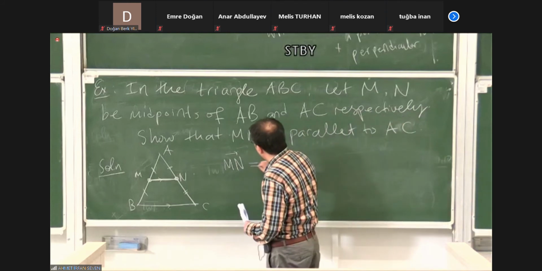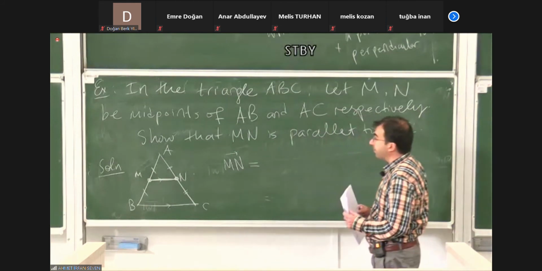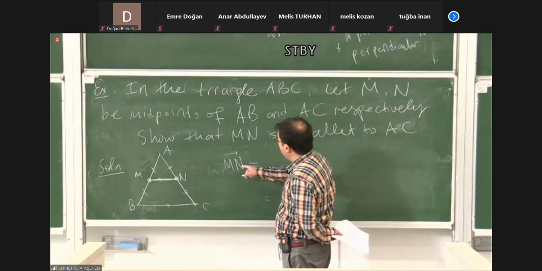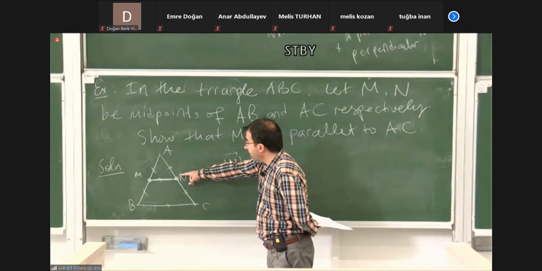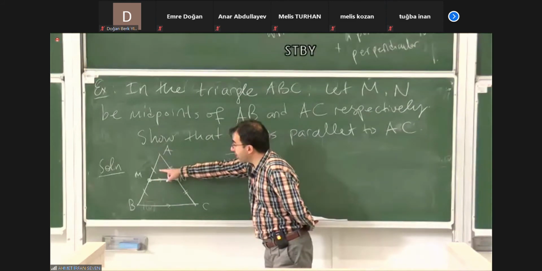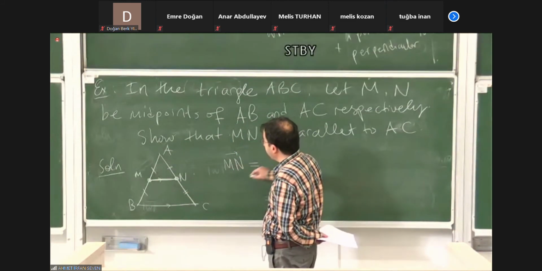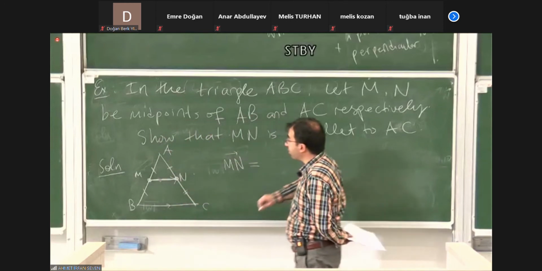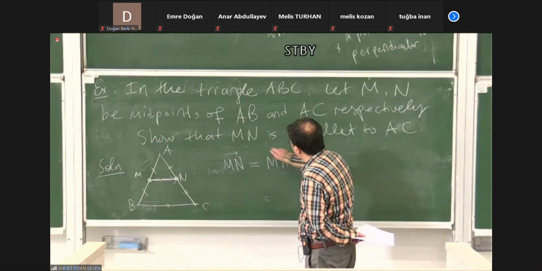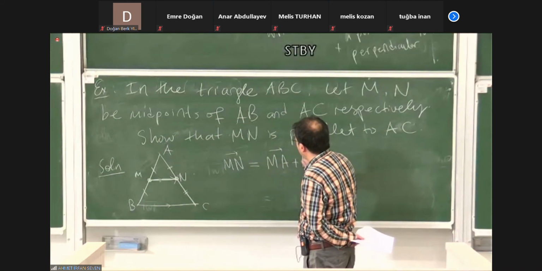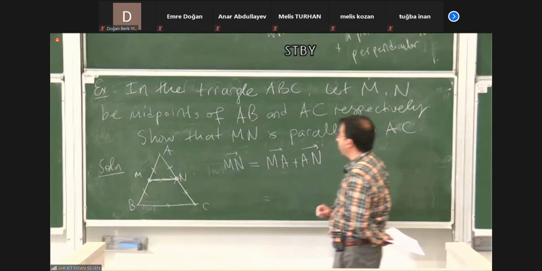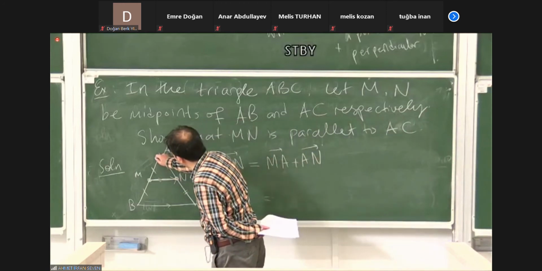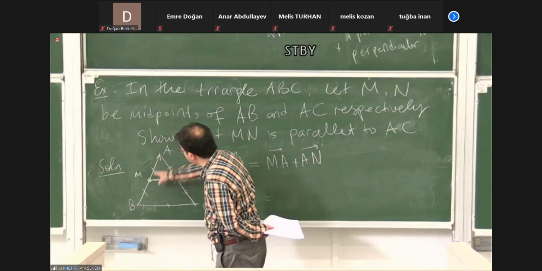So we are considering this vector MN, and what is MN? We can write this vector as MA plus AN, right? So this vector is going to be the sum of these two vectors, MA and AN.